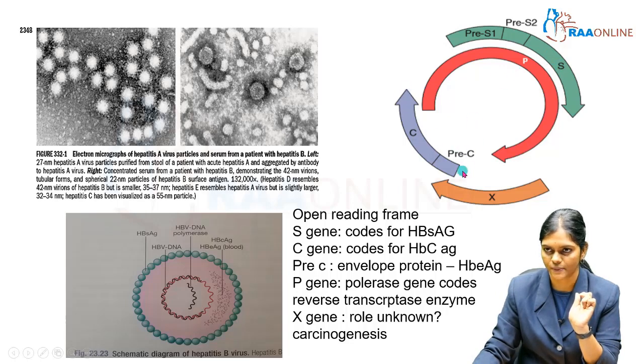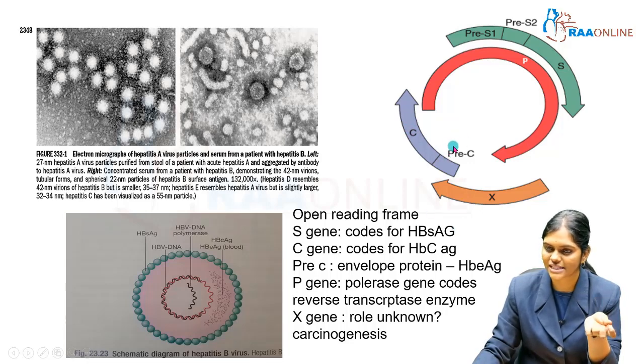Now, where is the second gene? The second gene is the C gene. So this C gene codes for core antigen, which is HBc. This is the core antigen and this is the pre-core region. So this area is important when we read about pre-core mutations. So what happens in pre-core mutations? All those things we can read. So this area codes for HBe antigen, HBeAg, and this area codes for HBc antigen.